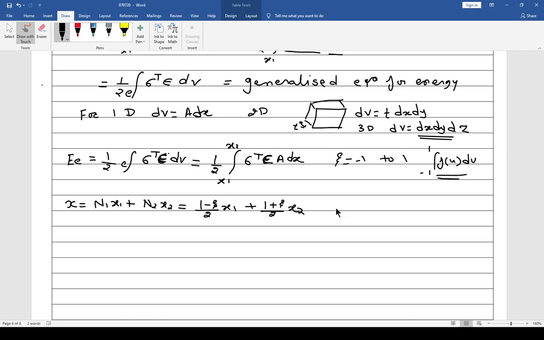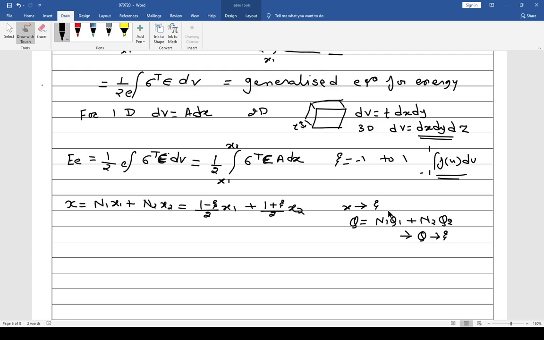So this gives me a relationship between x and xi. I have another equation, q equals N1 q1 plus N2 q2. This gives me a relationship between q and xi.